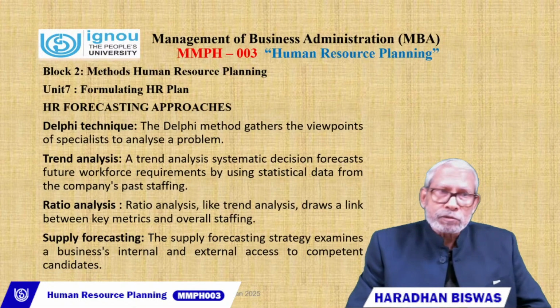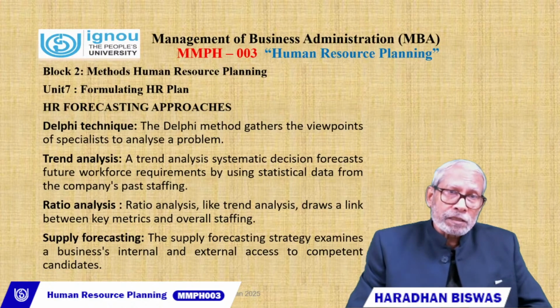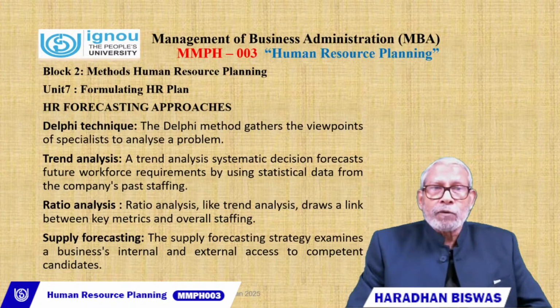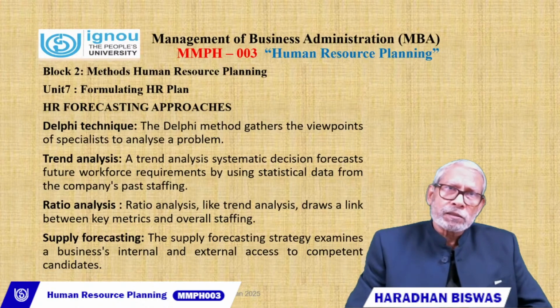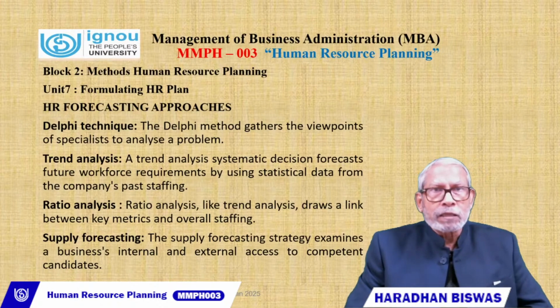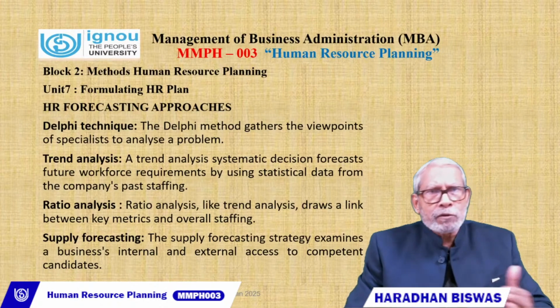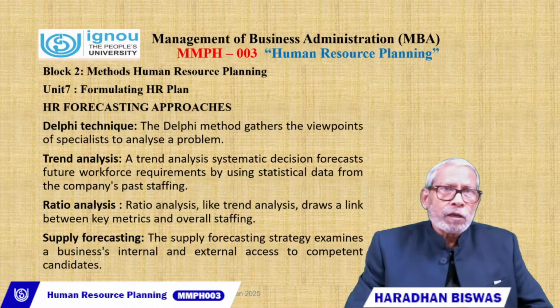Another approach is trend analysis. Trend analysis is a systematic method to forecast the future workforce requirement by using statistical data from the company's past staffing, how recruitment was done. Maybe you can consider the pattern of the last 5 years, the ratios and everything.